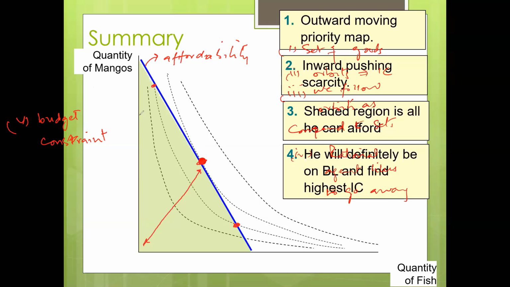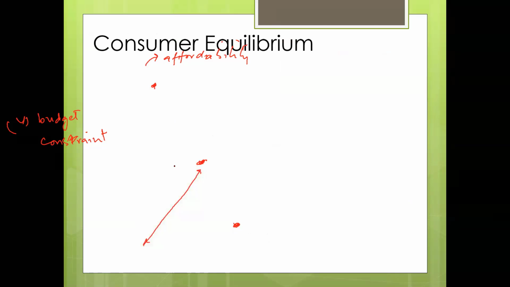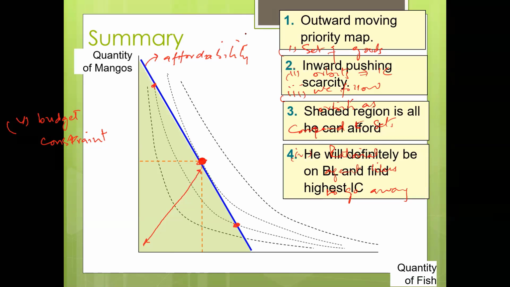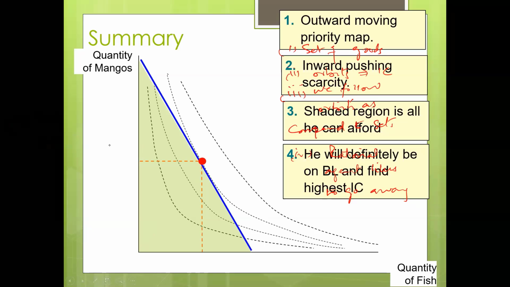This other point is costing the same as this one, but it has lower utility because it's on the lower indifference curve. So the customer will try to stay on the indifference curve which is touching only once.